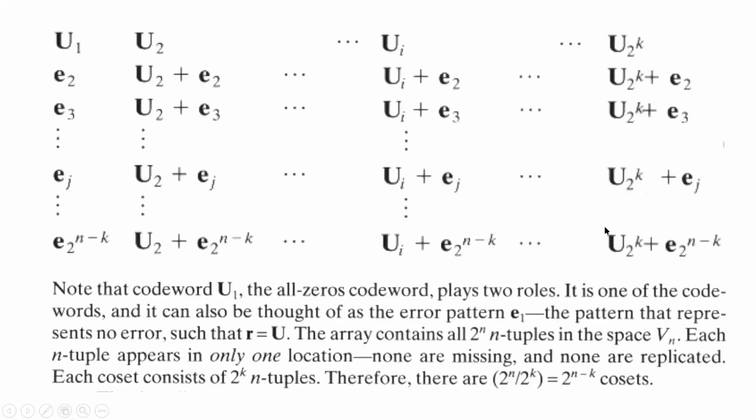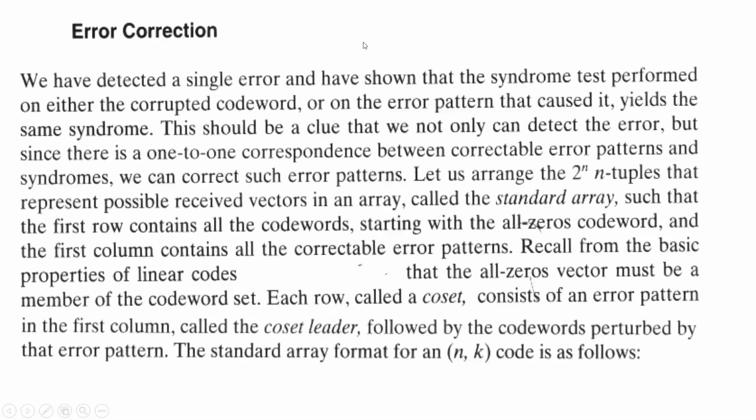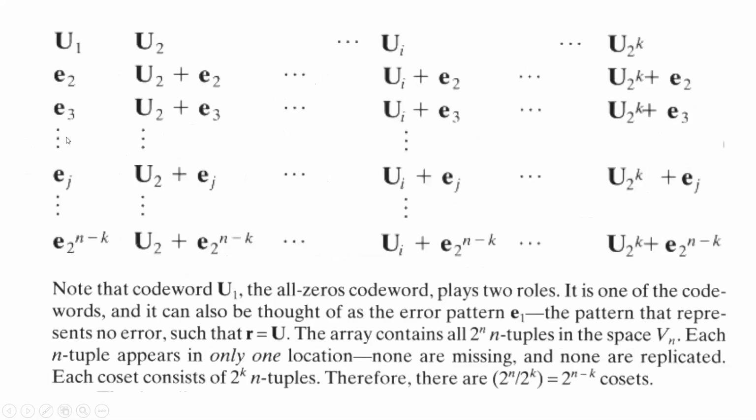So U1 in this diagram is my all zeros code word, and the first row contains all the valid code words, right? And the first column contains all the correctable error patterns. Please understand this.